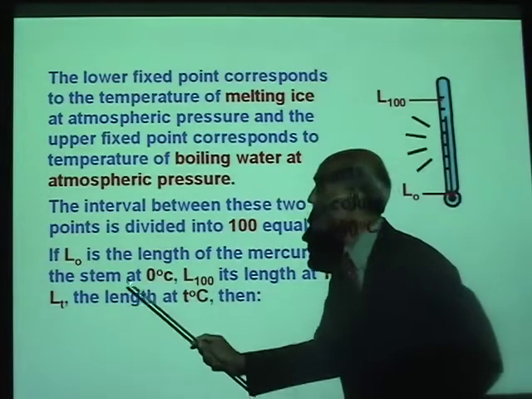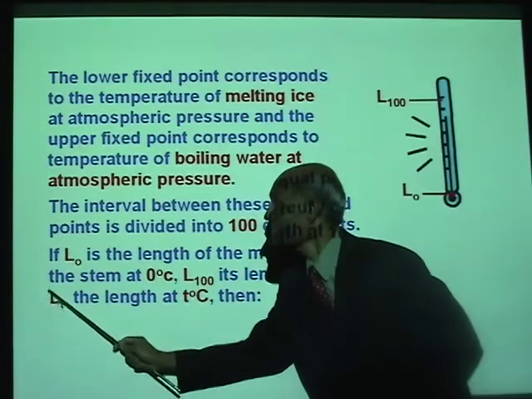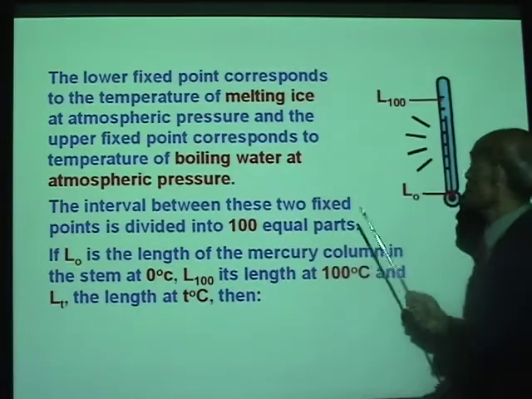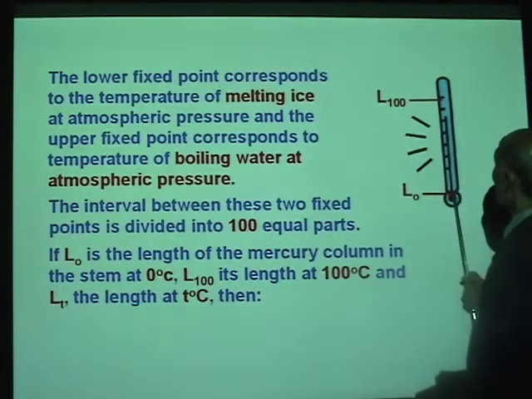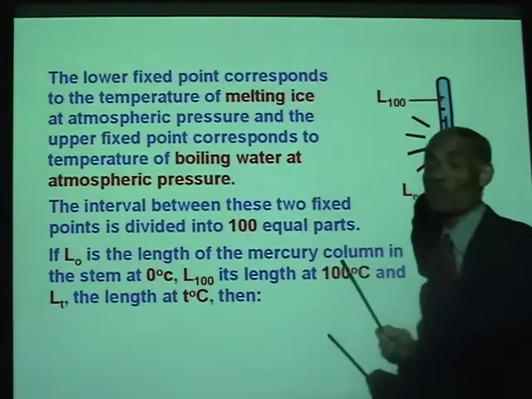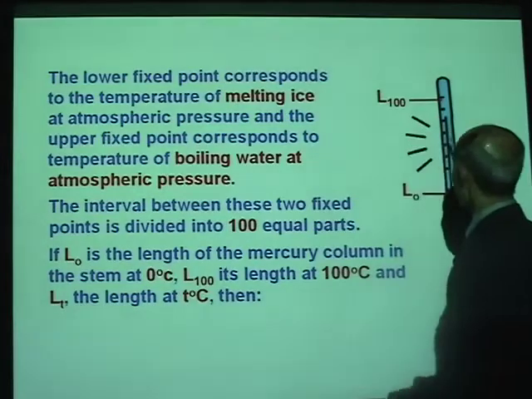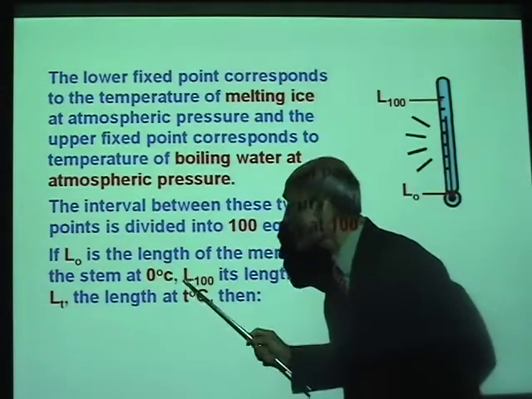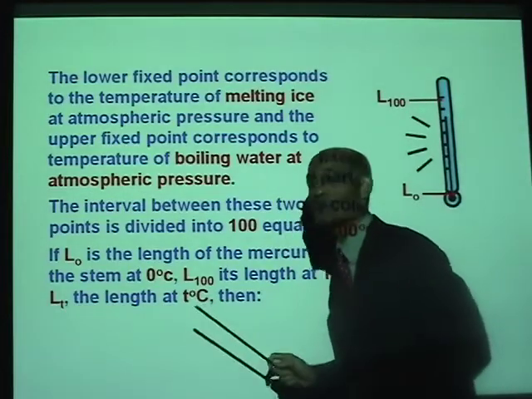Now, suppose L sub t is the length at t degrees Celsius. You see, we have now got the lower fixed point and the upper fixed point of the thermometer. We now put this thermometer in a bath where you want to measure its temperature.